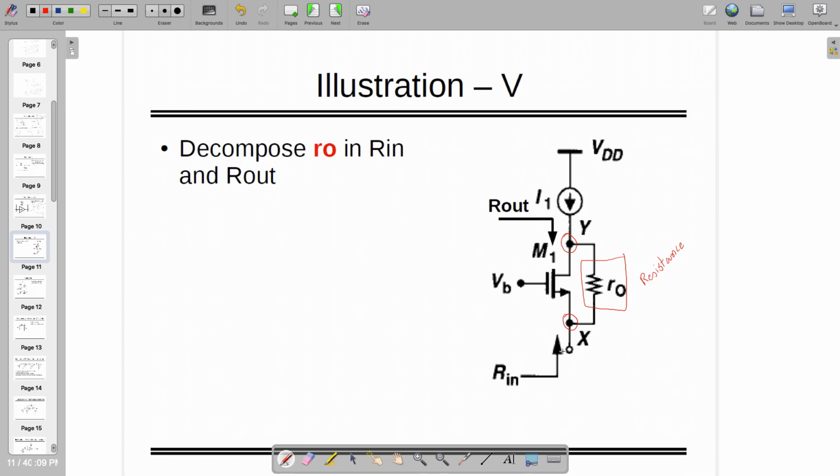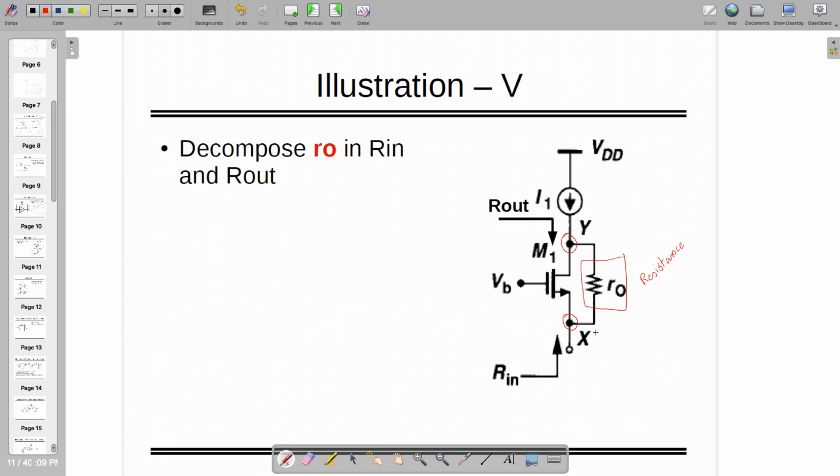Here you can see that VB is a bias voltage which is going to make sure this transistor is in saturation, right?